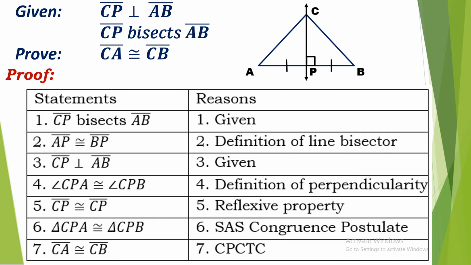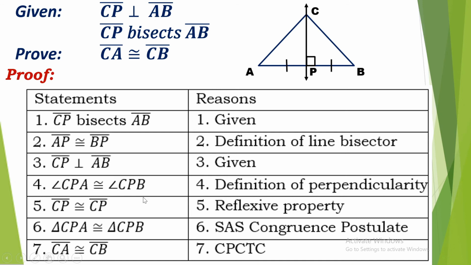Now, since we have stated three congruent parts, then we can now say that those two triangles, triangle CPA and triangle CPB, are congruent. That is based on the SAS congruence postulate. Since we have two pairs of congruent sides and a pair of congruent angles. And those angles are the included angles.